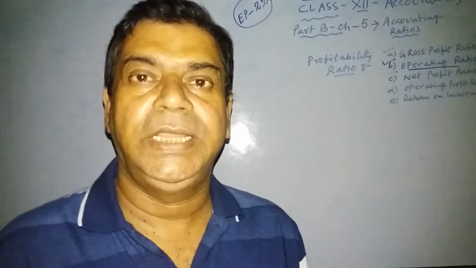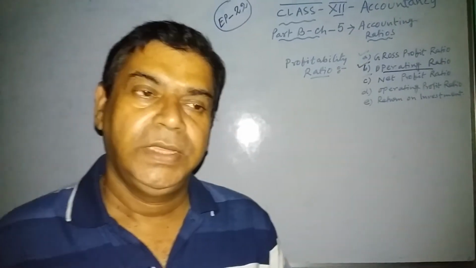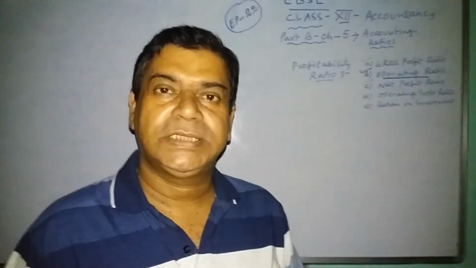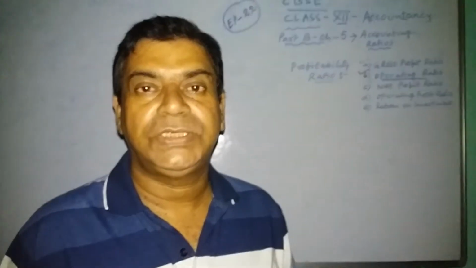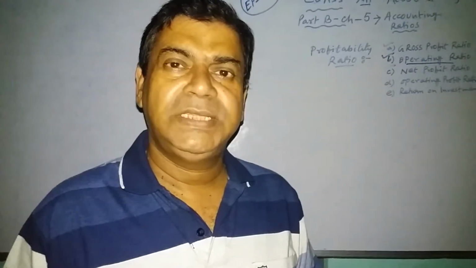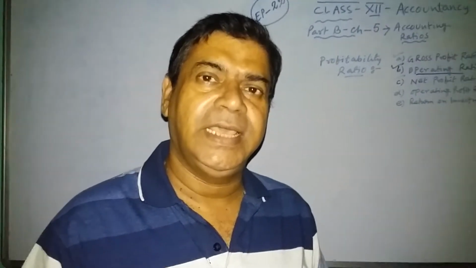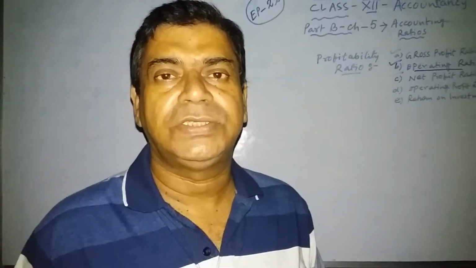After a long journey in the chapter accounting ratio, now I am before you to discuss the last type of ratio. But there is no actual "last" meaning, because as per your syllabus it is the last, but there may be other types of ratio also in higher education.